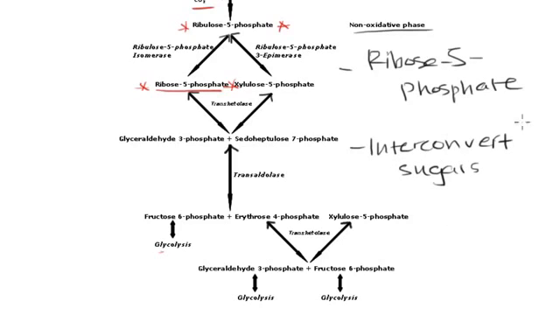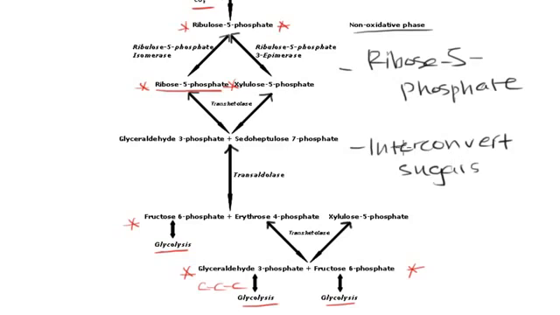This turns out to be really handy for the cell because notice here that there are some products like fructose 6-phosphate and glyceraldehyde 3-phosphate that you might be familiar with that come from glycolysis. And remember that these are not all 5-carbon sugars, right? You know, glyceraldehyde 3-phosphate is actually a 3-carbon sugar.